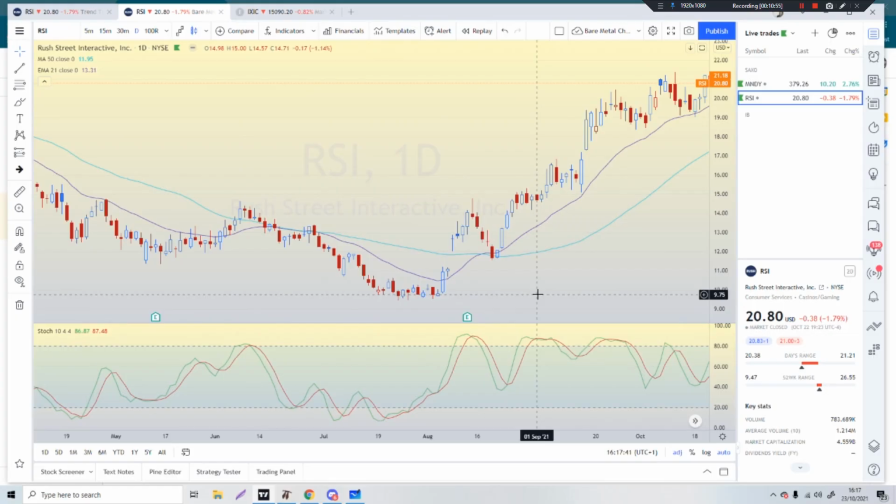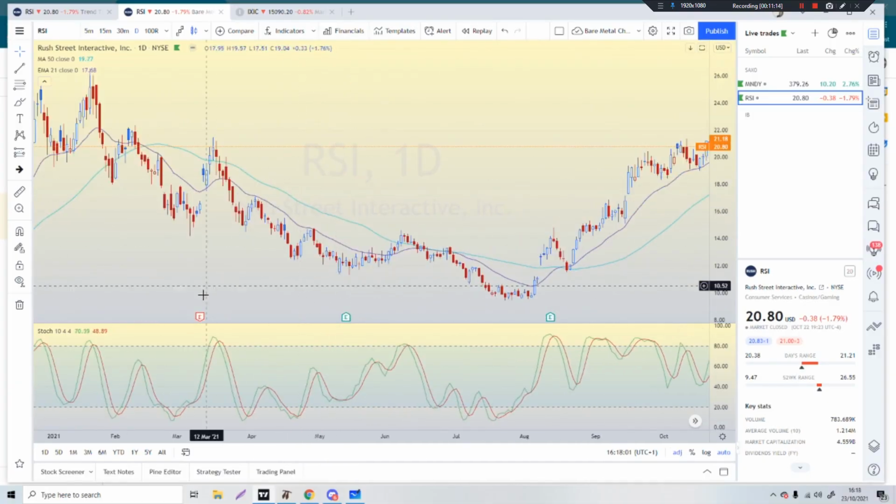Over the years, there are various different settings that you can use. I use a 10 period look back because the 10 period moving average is the one that is most important to me. If we're looking at this, you can see how it follows.